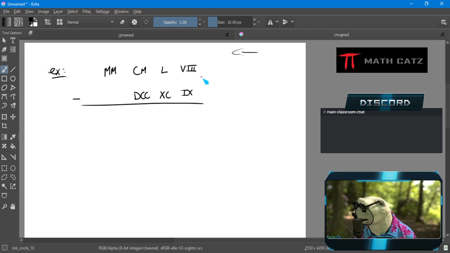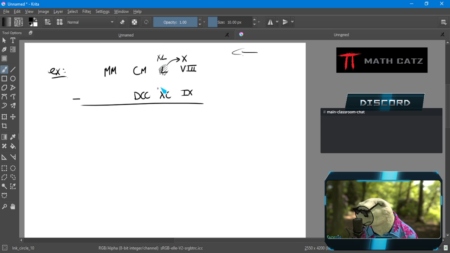So we say 8 minus 9 can't be done. I'm going to have to go borrow from the tens column, and I always borrow just 1. So I'm going to borrow 10. That then changes the 50 to a 40.